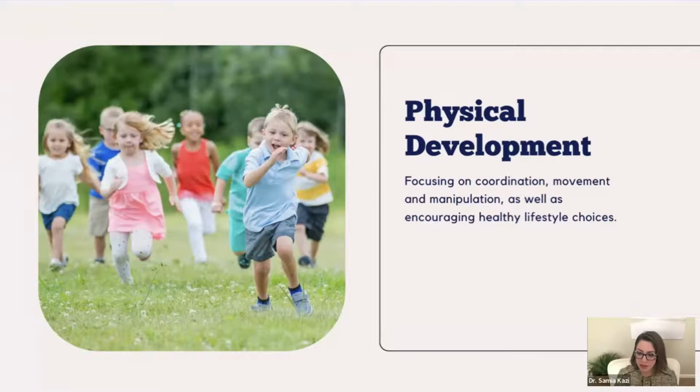We have the physical development, focusing on providing opportunities for children to be active, to be interactive, to develop their coordination skills, their control, their movement, and also more than actually them moving themselves, children also need to understand why it's important to have physical activity. Why is it important that we make healthy choices?